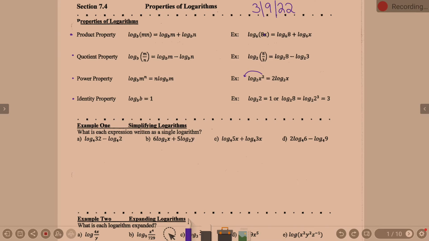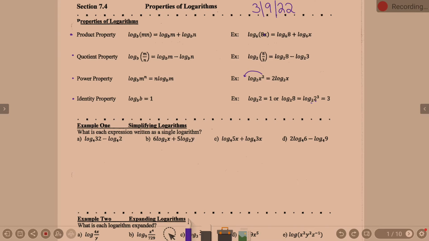Now the alteration on this is if you have something like log base 2 of 8, well, keep in mind, 8, that's on our gold paper there, with the powers. 8 is also 2 to the third. So notice right here, those 2's match. If you have log base 2 of 2 to the third, that equals 3.